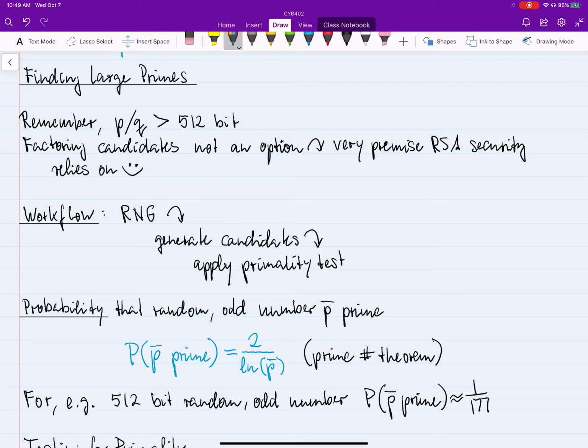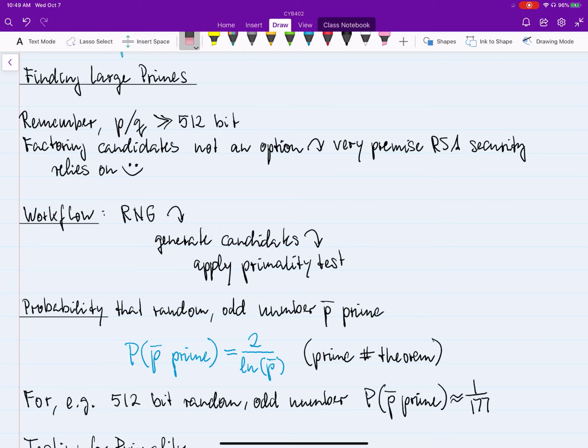So you remember that we need to have a p and a q that are really, really large prime numbers. So how can we find prime numbers? Well, we could just have a random number generator generate numbers, and we factor those into primes. Well, wait a minute.